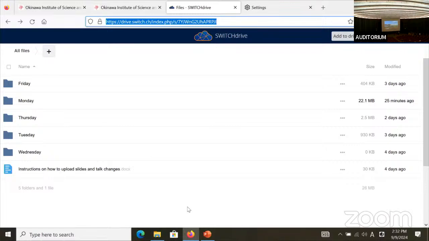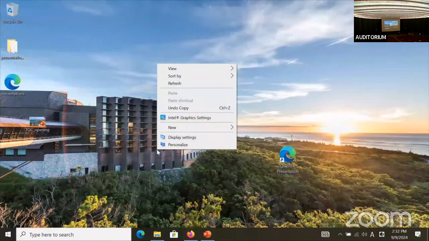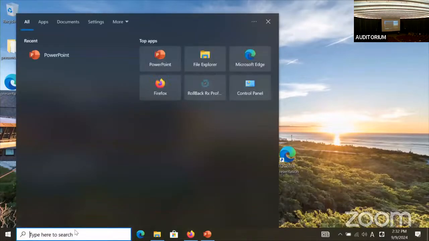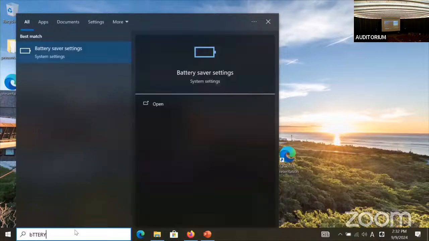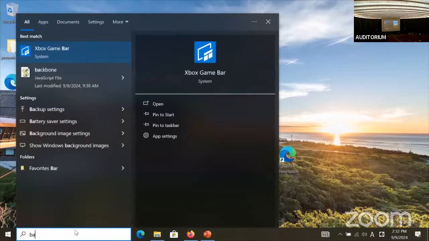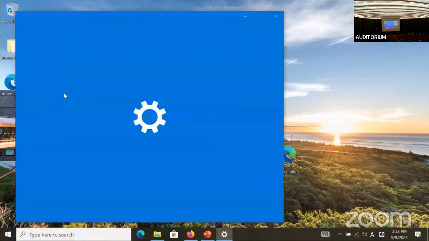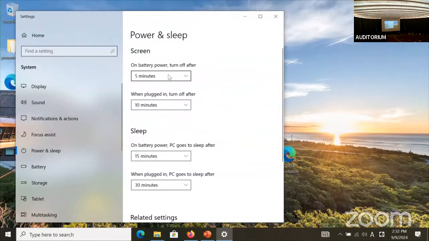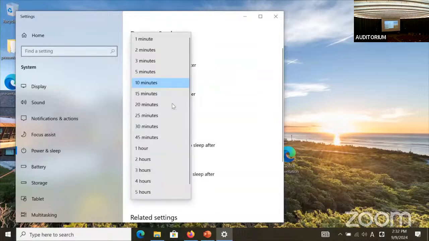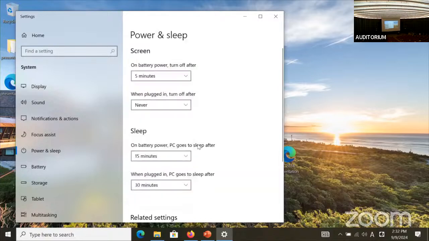Right, so desktop. And this is battery management, right? Power sleep settings. And then we say that when plugged in, this never goes to sleep.